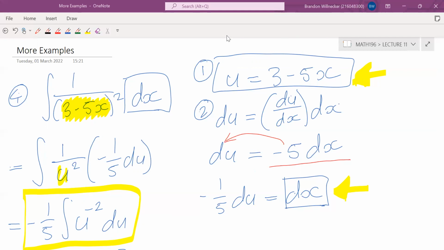So there are 3 sources for problems, and there are plenty of problems in the textbook as well. So please go through as much as possible because this is a very, very important integration technique that we will be using for the rest of the module.